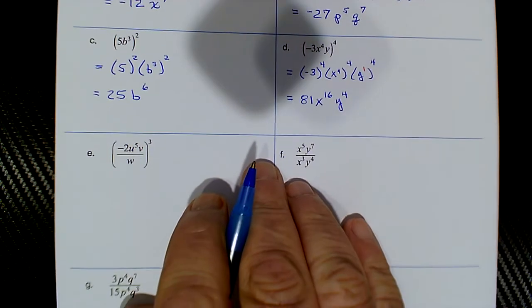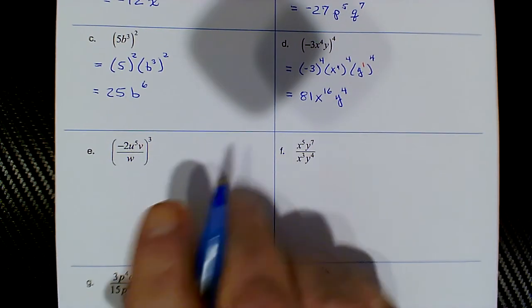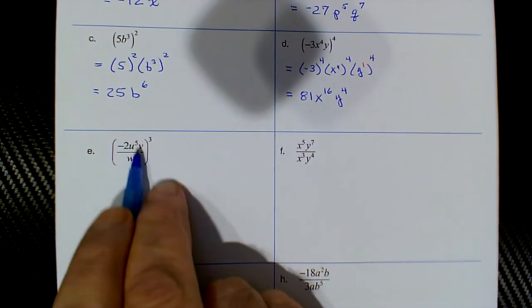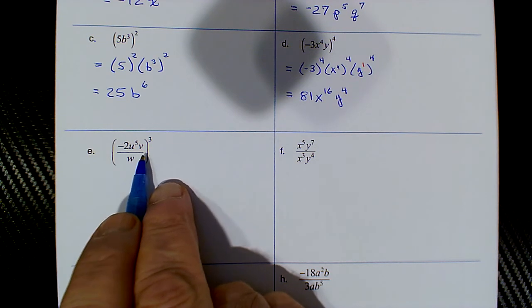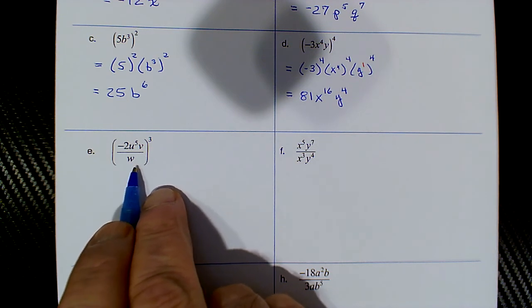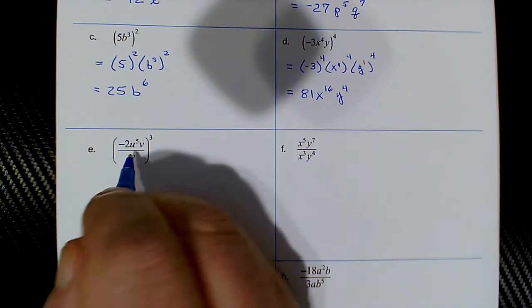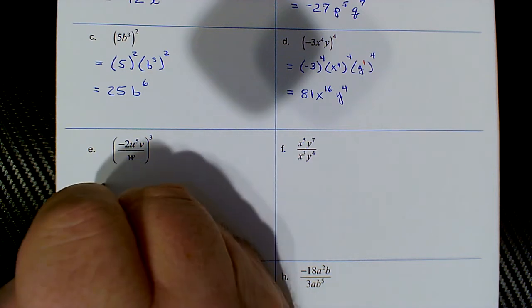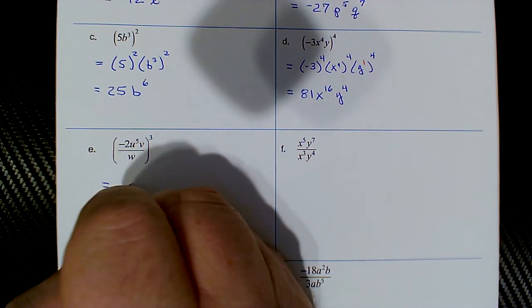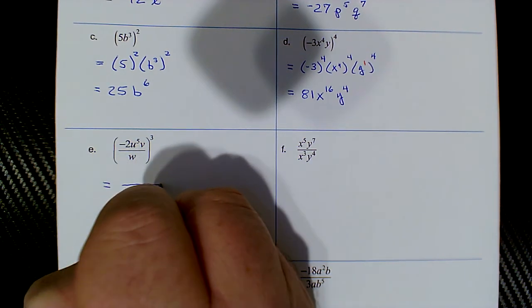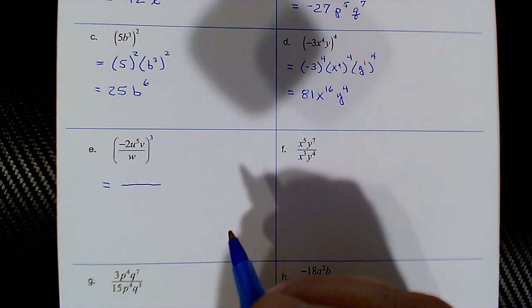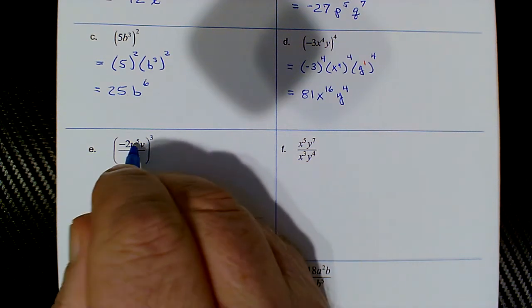Okay, moving on. Here we have the combination of all the rules, product, quotient to a power. So, again, the intermediate steps don't need to be shown. You could just jump right in there and start the exponentiation process. But basically, we're going to take each factor involved in parentheses and raise it to this power, the 3rd power.